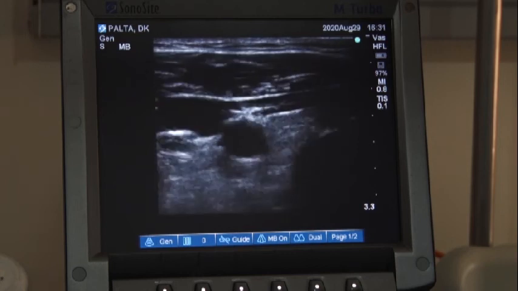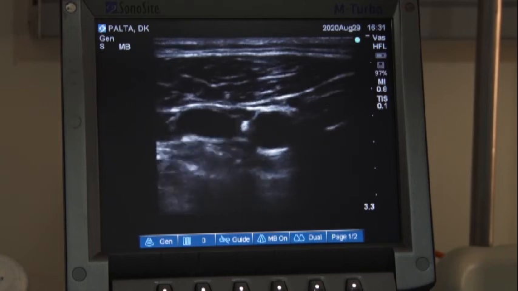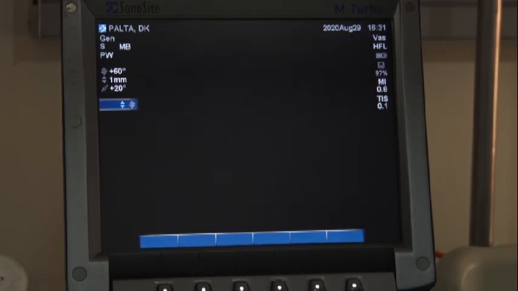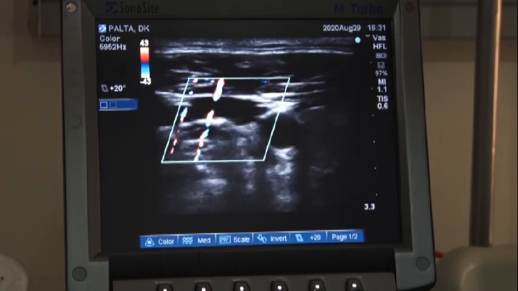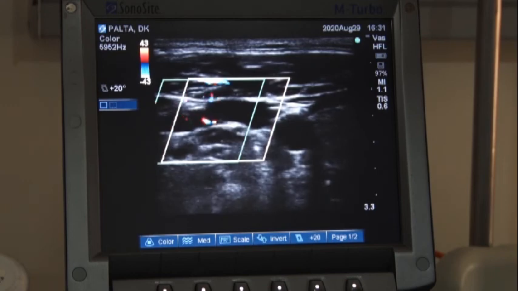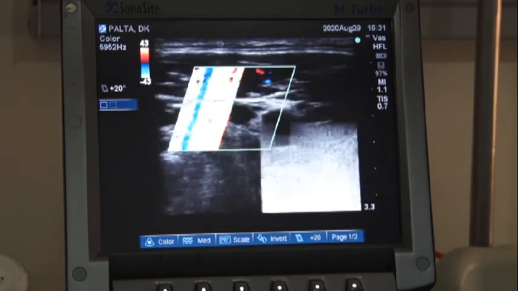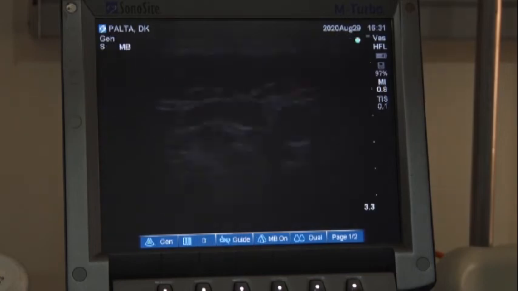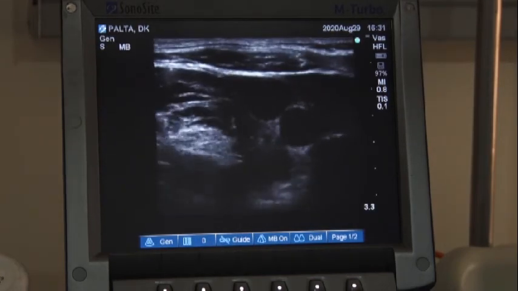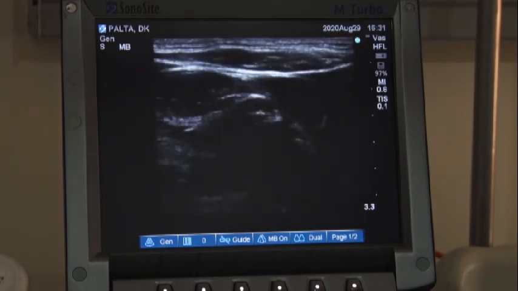So we'll see, this is the internal jugular vein. It's patent. There is no thrombus.